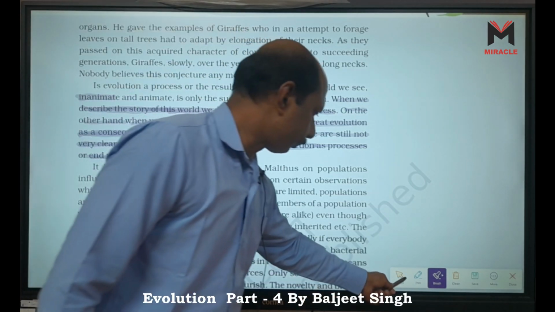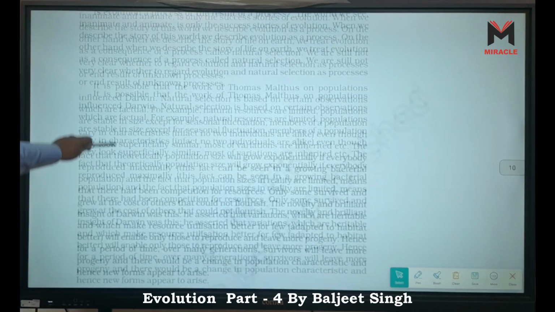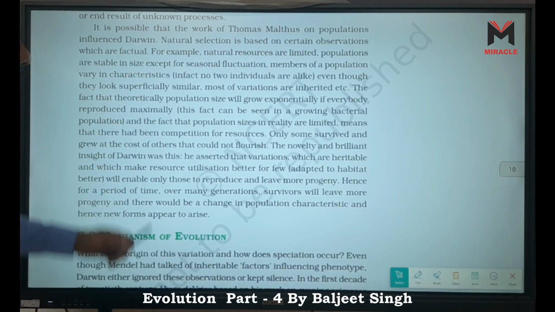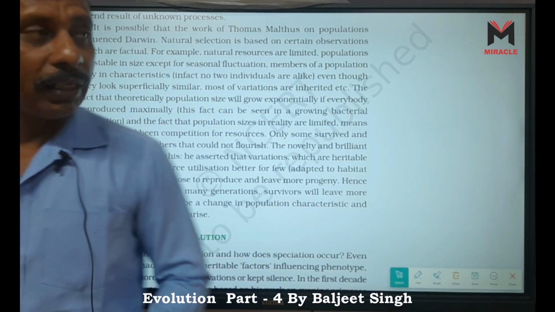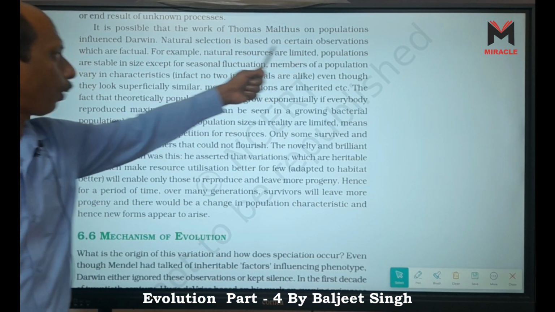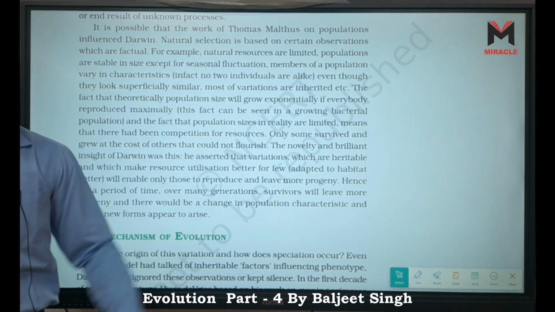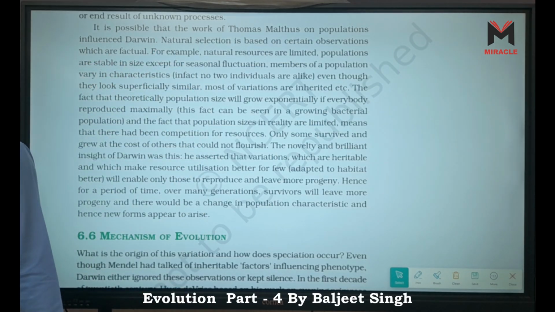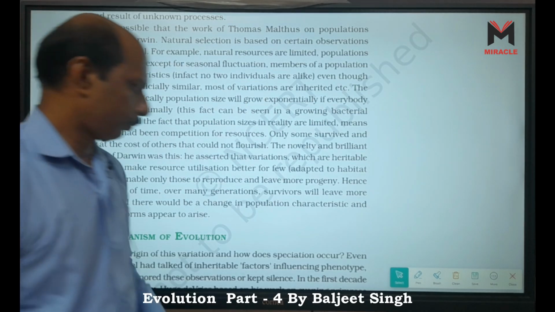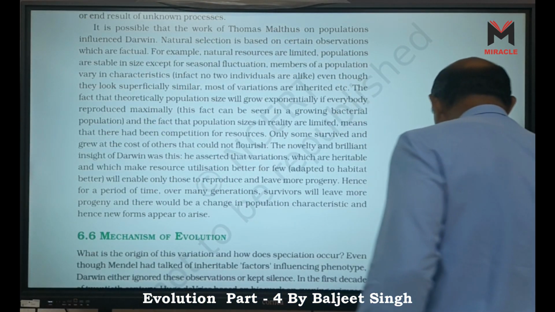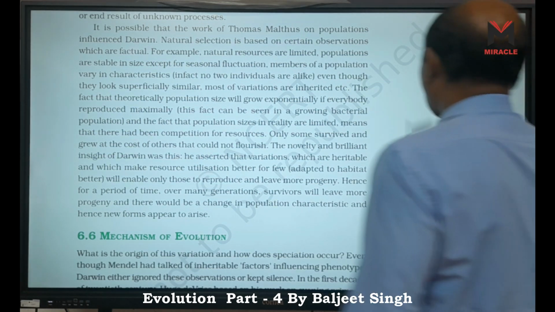Okay, now next point. It is possible that the work of Thomas Malthus on population influenced Darwin. Now the question is, who influenced Darwin? Actually, Darwin was influenced by two books. I write here, you understand.